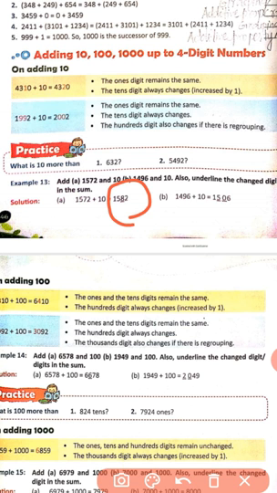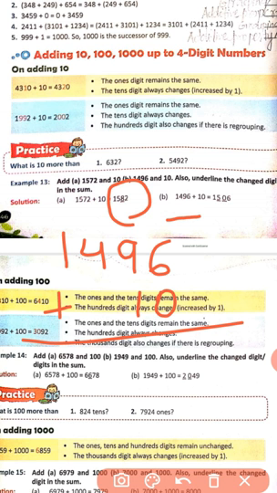Now the second example we have is 1496 plus 10. First we add the ones: 6 ones plus 0 ones is equal to 6 ones.